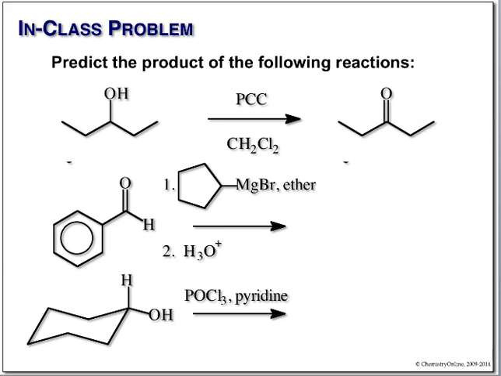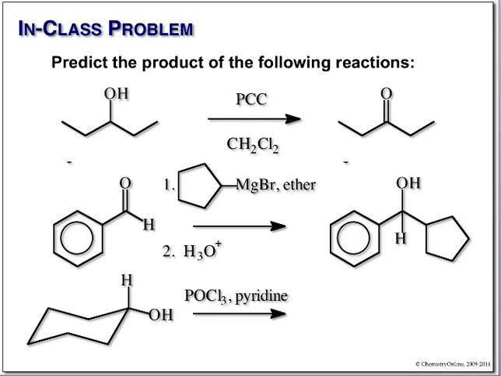Grignard reaction. We have an aldehyde. We're going to get a secondary alcohol, aren't we? We're going to attach the 5-membered ring to our carbonyl carbon. That's going to be an OH. And it's going to look like that.